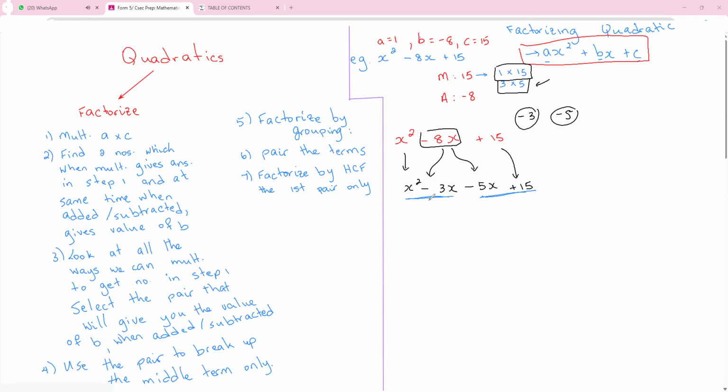So we're going to factorize only the first pair. So this is my first pair. What you do is you look for the highest common factor of the numbers and the highest common factor of the letters.